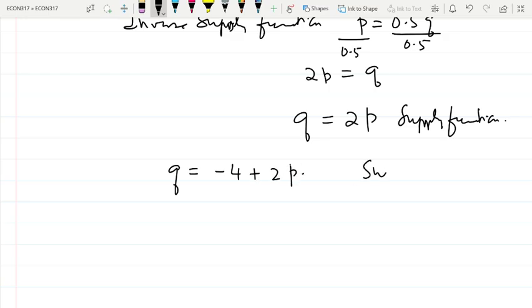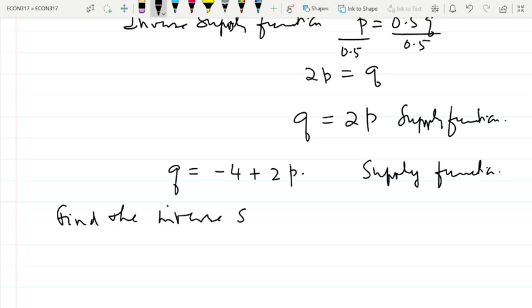This is the supply function. I would like you to find the inverse supply function. This I leave as an exercise, and this is a good point to stop.